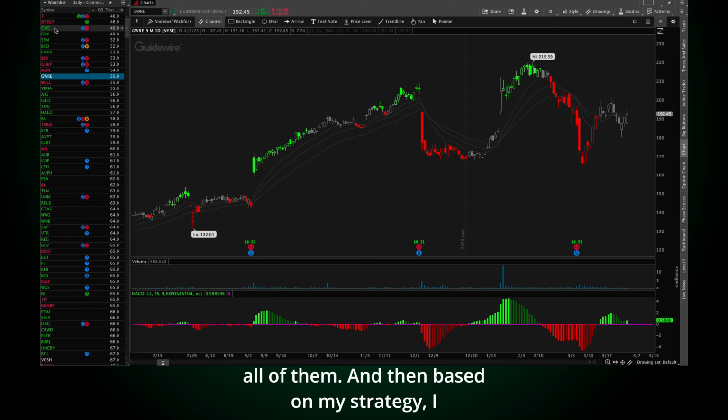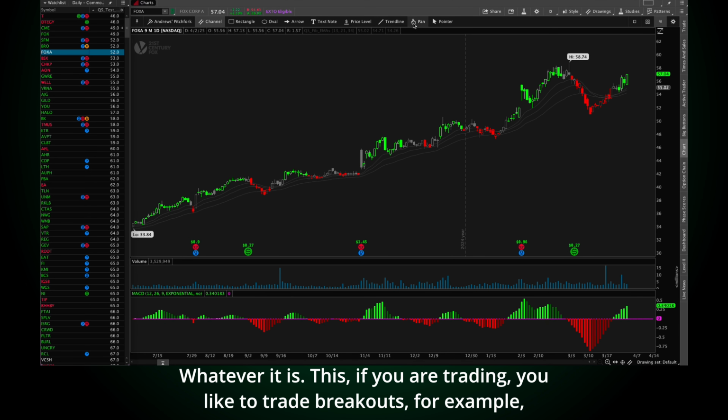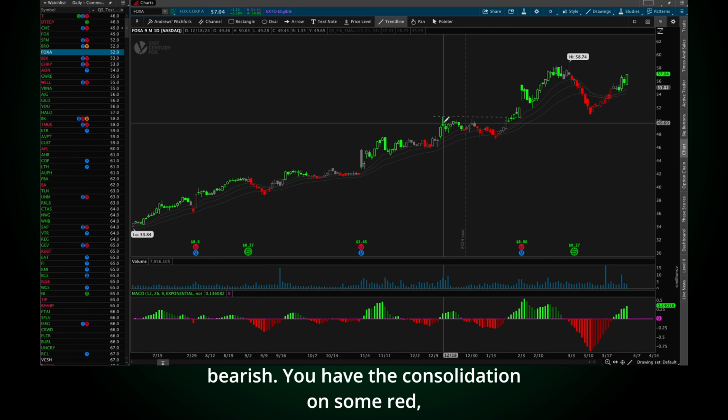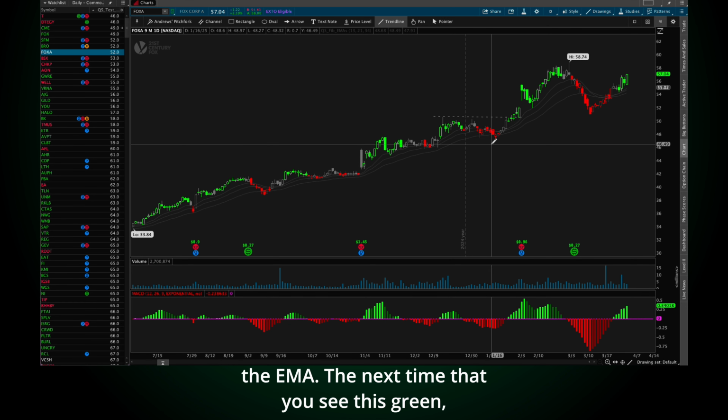And then based on my strategy, I can start looking at that, right? I don't know, whatever it is. If you like to trade breakouts, for example, you have this high and this candle that is bearish. You have the consolidations on red, but still keeping the stocks mostly above the EMAs.